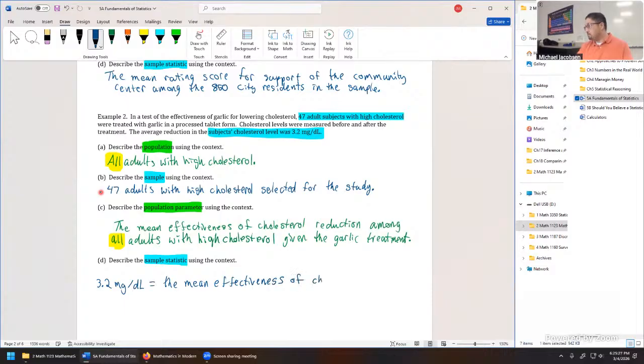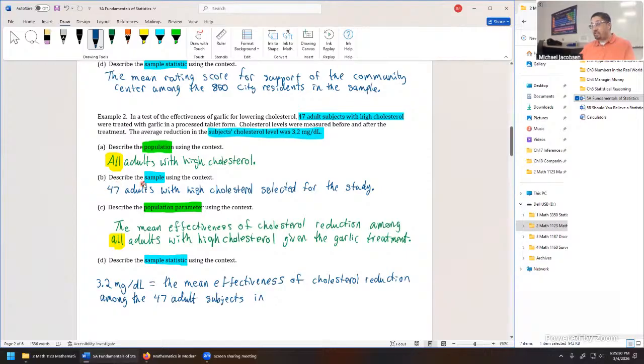of cholesterol reduction among the 47 adult subjects. And we don't mean just any 47 adult subjects.